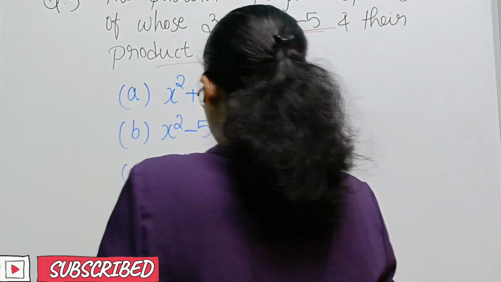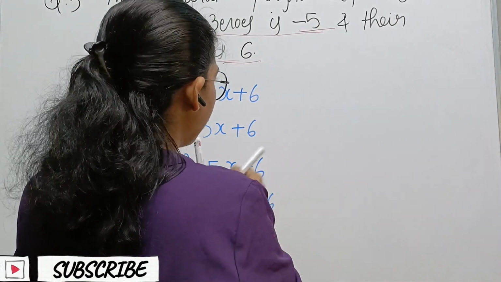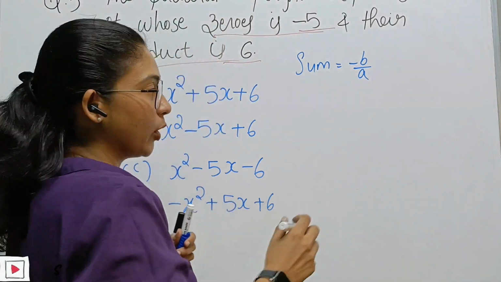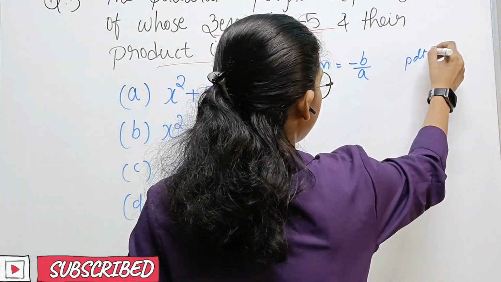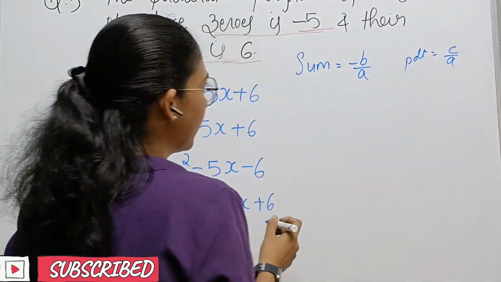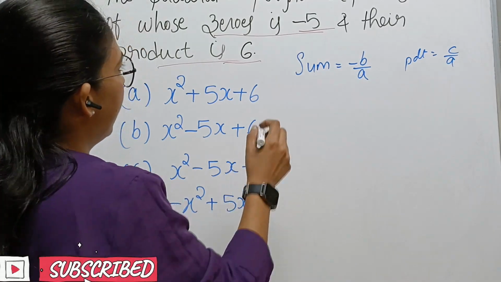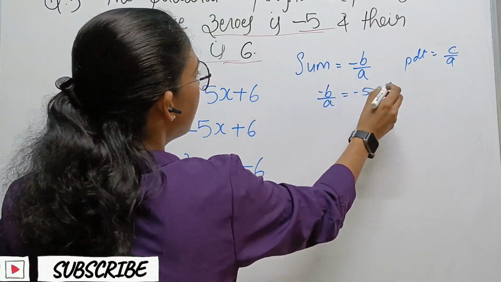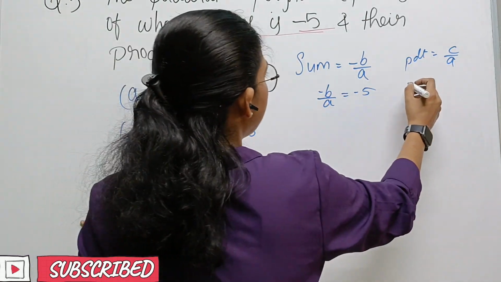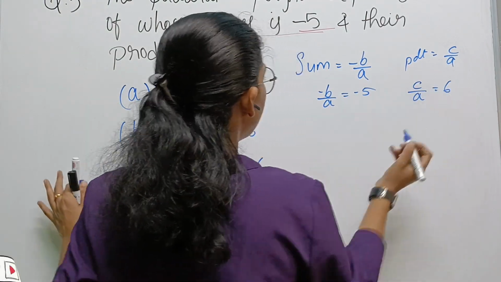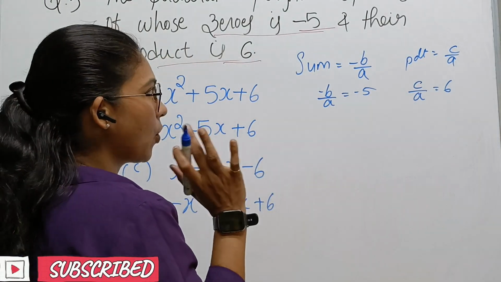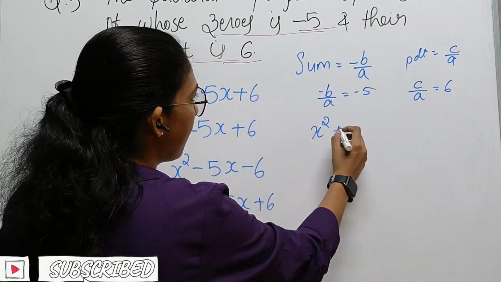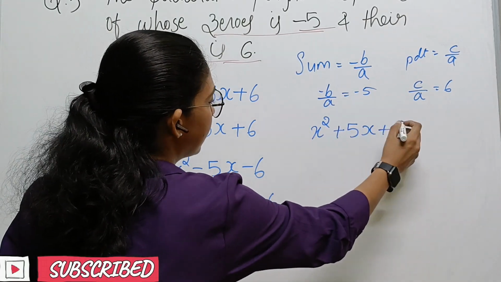Given that the sum is equal to -b by a for a quadratic polynomial and the product is c upon a. So -b by a is equal to -5 and c by a is equal to 6.